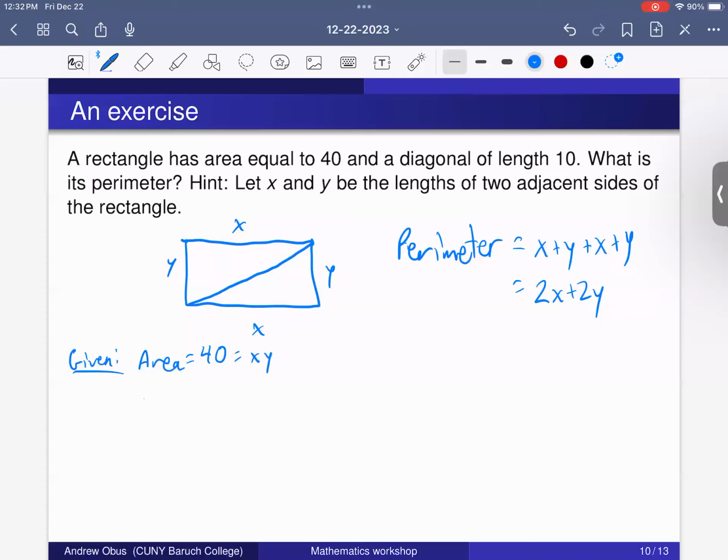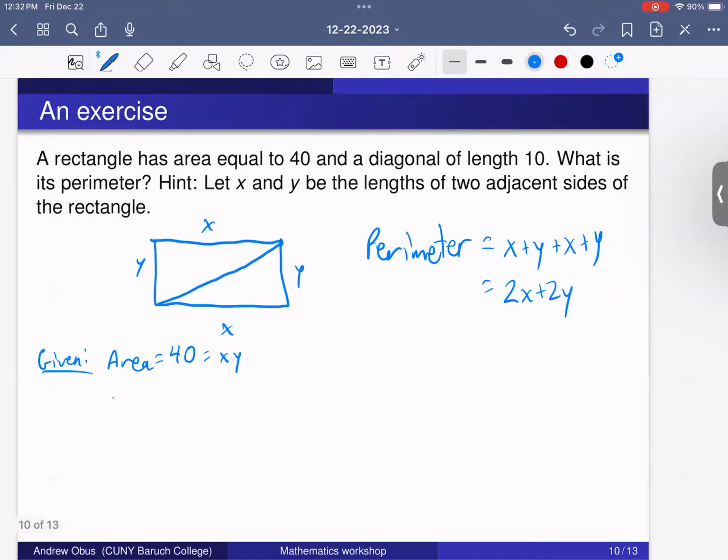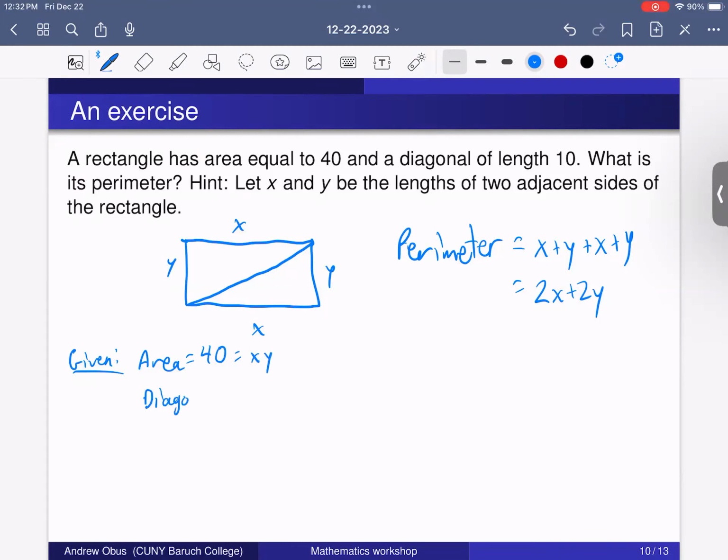We're also given that the diagonal, let's say the diagonal is equal to d, which is equal to 10. If this is d, what equation do we have that relates d to x and y?